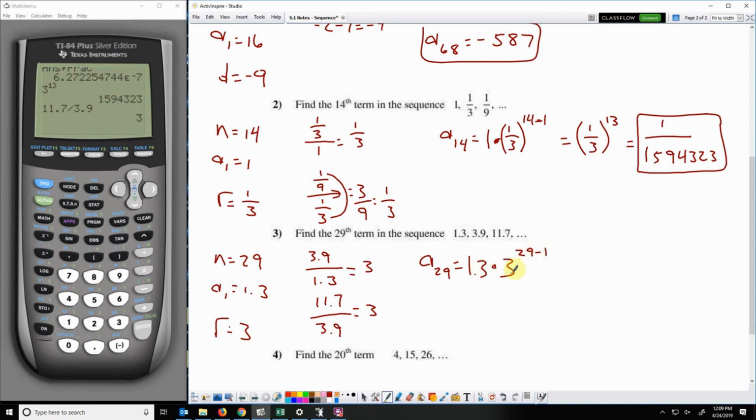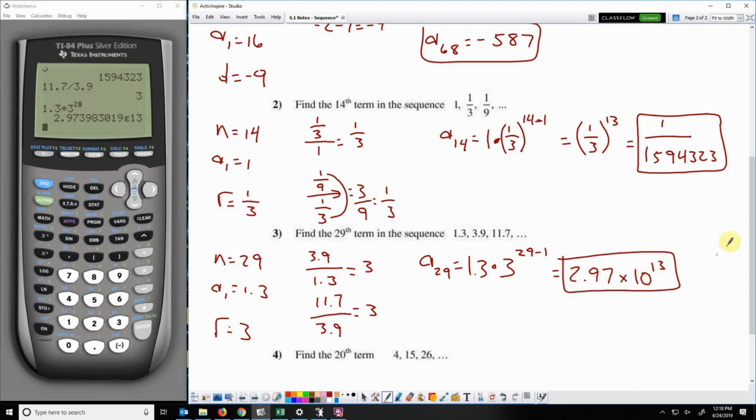I can't multiply these until after I've done the power. So I'm just going to put this in my calculator as it is, except I'll put in a 28. 1.3 times 3 to the 28th power. And I'm probably going to get scientific notation here, and we'll round it. 2.97 times 10 to the 13th power is our approximation.